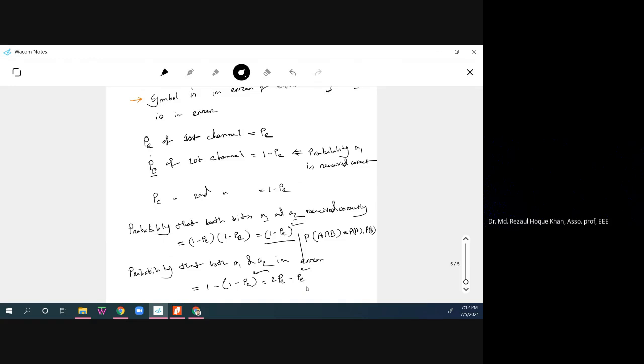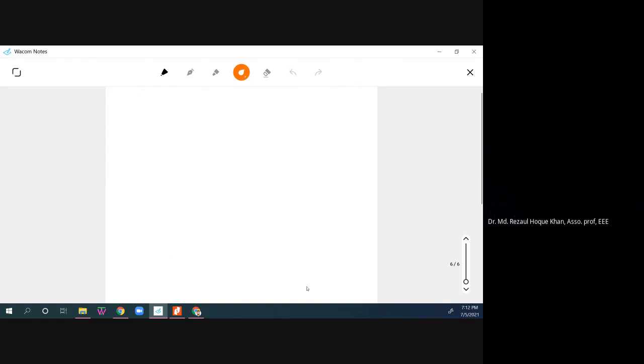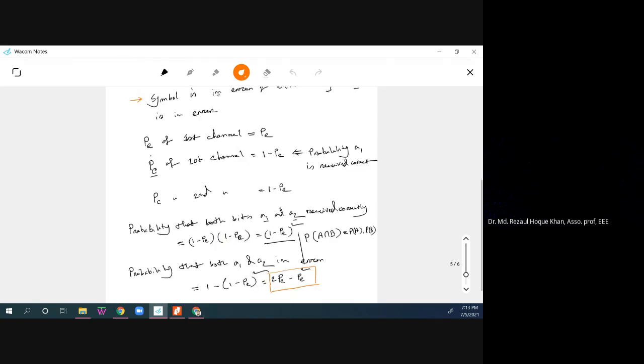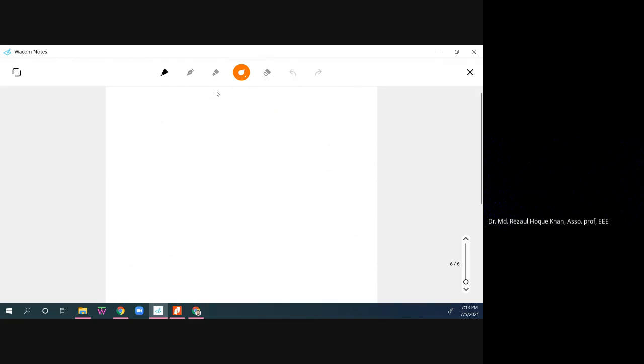So you see, we found the probability of error, where of course A1 and A2 are independent. This is also a probability of error.